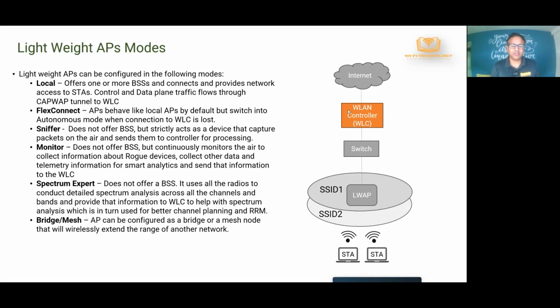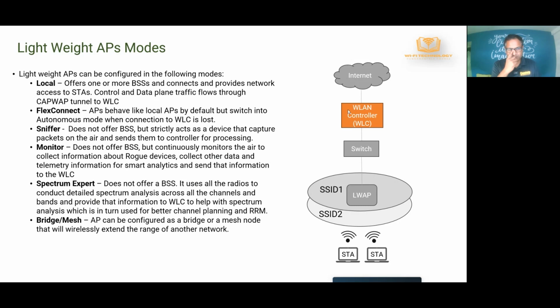We are only sitting there and using the radios to sniff and collect packets and then send the data to the controller to do some analysis. The controller can look at the data and maybe find out certain problems. So why did a client not connect to an access point properly? Was there some form of rogue device, some form of problem on the network? We'll be able to find out.